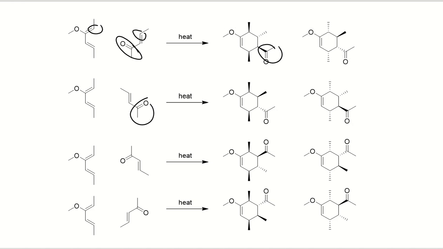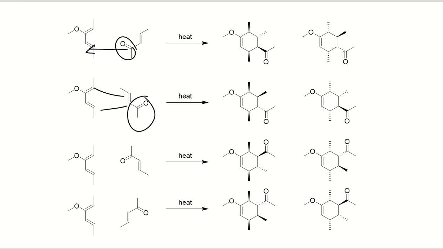The next thing we need to look at is endo-exo. When our dienophile approaches the diene, the electron withdrawing group, the ketone, can either overlap our diene or it can sit outside as the bonds start to form. It might seem counterintuitive, but our withdrawing group will overlap the diene as the bonds start to form.